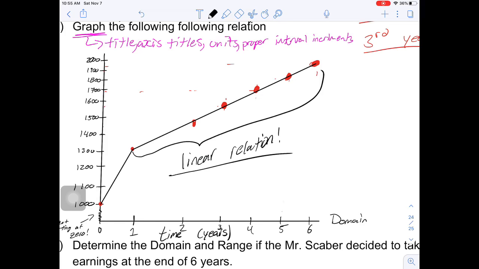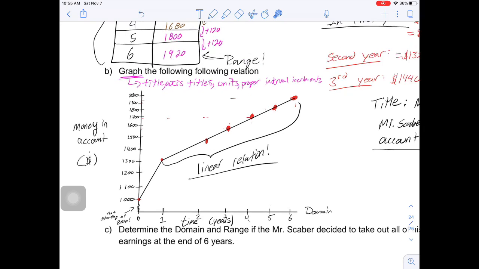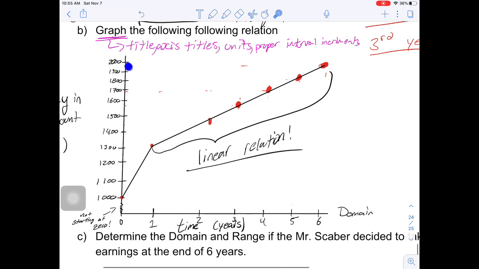Now recognize there's some errors that I've made, and I wanted to show you these errors. Look what happened here. I kind of crunched up my scale a little bit. That made my points a little too close together. And even here, my first year and my second year are way different. So you have to make sure that these are the exact same distance away in order for your graph to be perfect.